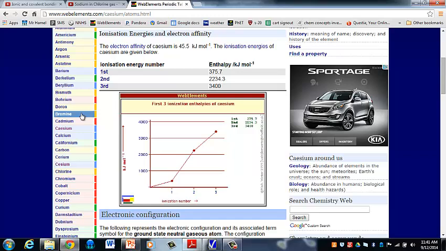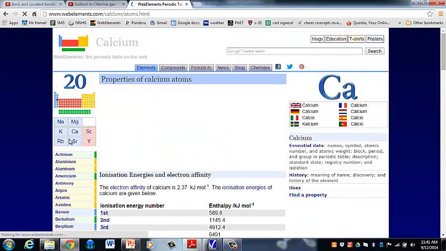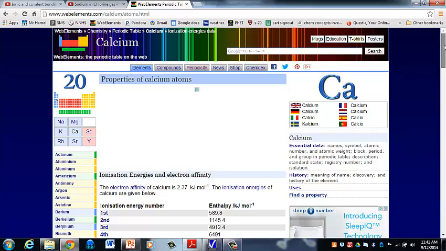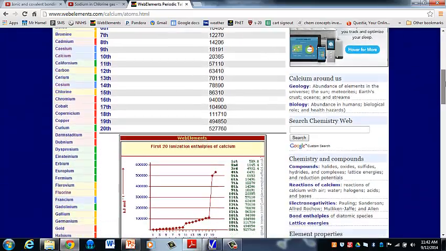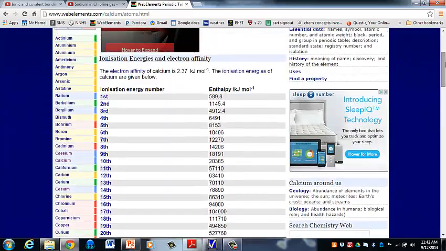So if I take, for instance, calcium, which has 2 valence electrons, and I look at its first ionization energy, it is about 600 kilojoules per mole. Notice that's much higher because calcium is higher in the periodic table. Its valence electrons are a lot closer to the nucleus than cesium's.